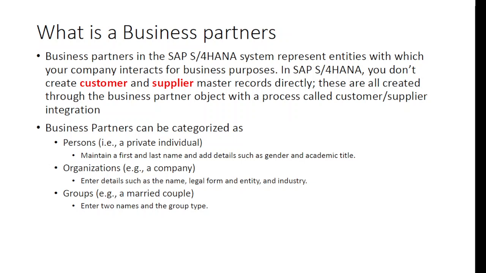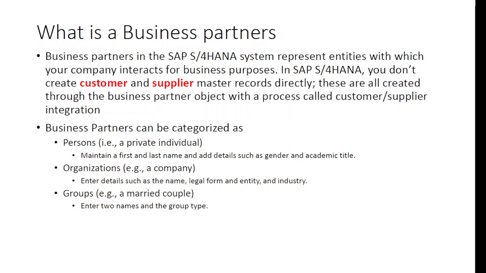Business partners can be categorized as persons, that is, a private individual, which could be a consultant or an employee, that is, a real person with a first name and last name. Or a business partner could be an organization, such as a company or a partnership firm which provides goods or services, or which could even be a customer of the entity.